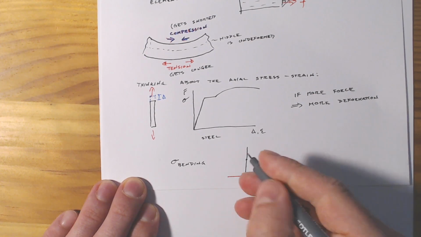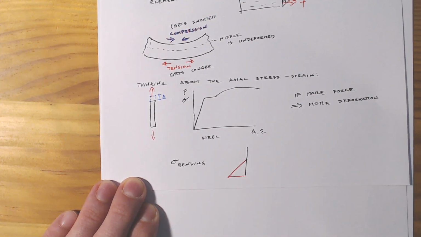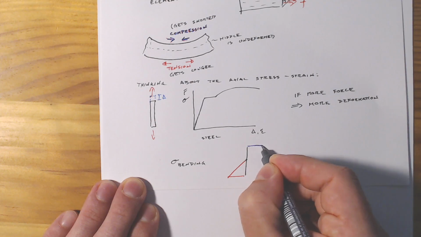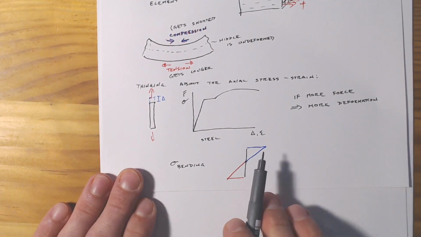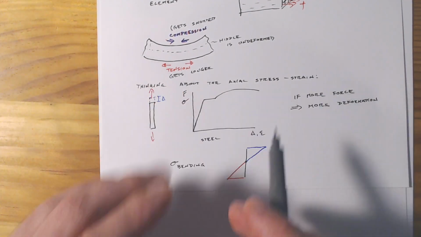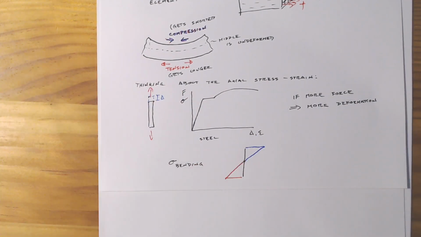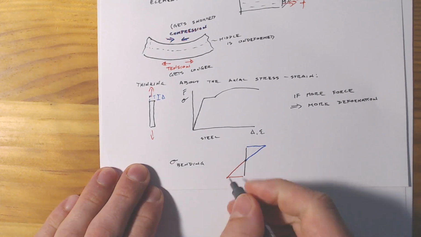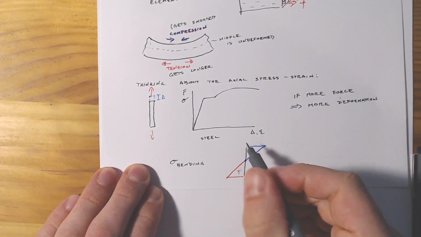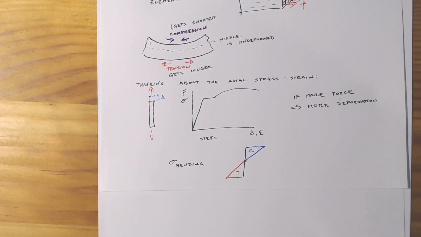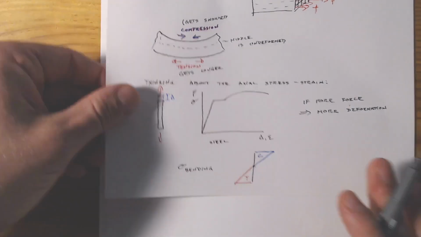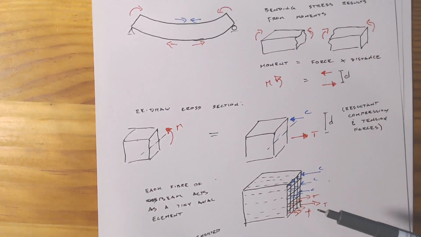So at the bottom, it'll be in tension, and at the top, it'll be in compression. That's simply because the top is squishing most and the bottom is extending most. So you've got your tension side here and your compression side here. And then at the middle, you've got some place where you don't have any deformation. So that's our overall distribution of what our bending demand would be, just coming from an internal moment.